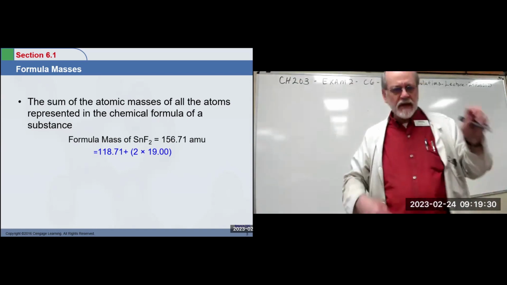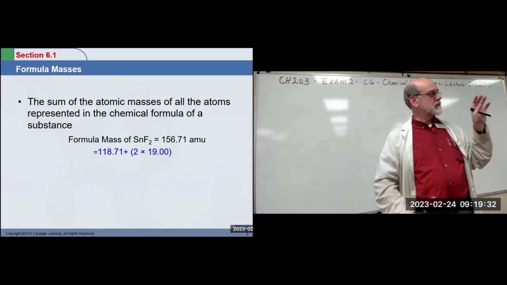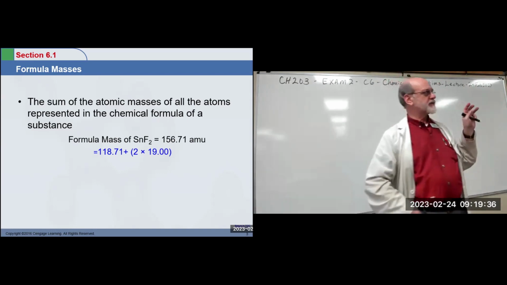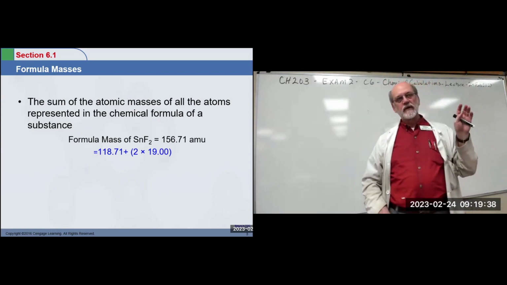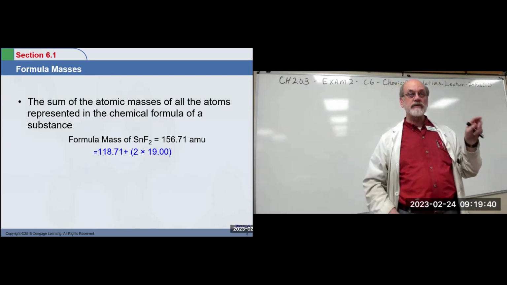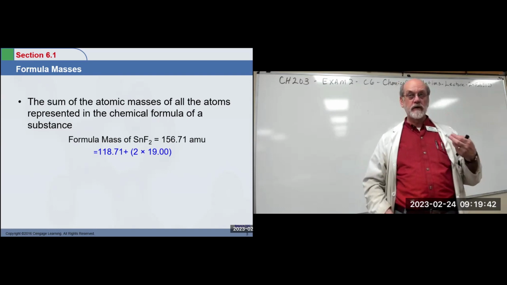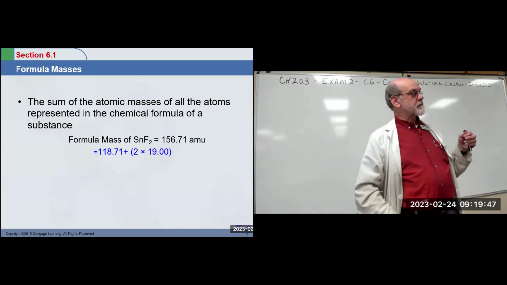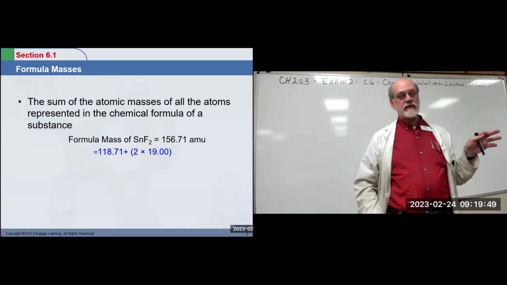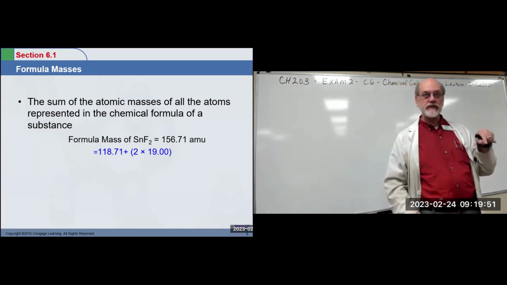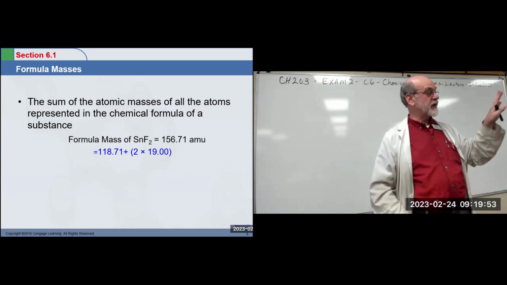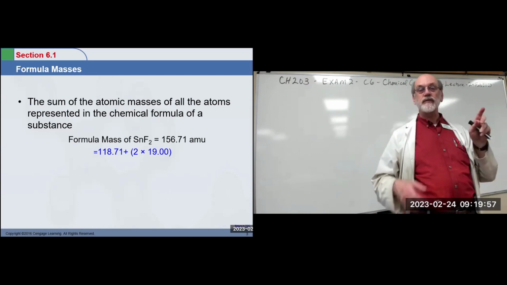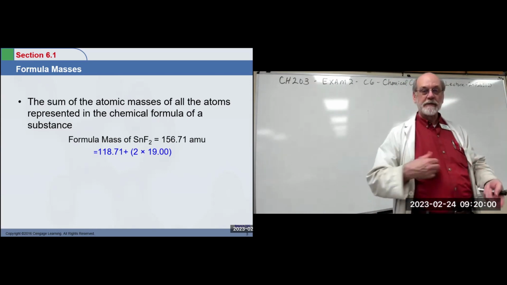All right. Each one of the elements in the periodic table has 2 important numbers there. One, of course, is the atomic number, which is the number of protons for each of the atoms. It doesn't give you the mass number, that is the number of protons plus the neutrons in most periodic tables, but it does give you the atomic mass. There's a difference between mass number and atomic mass.